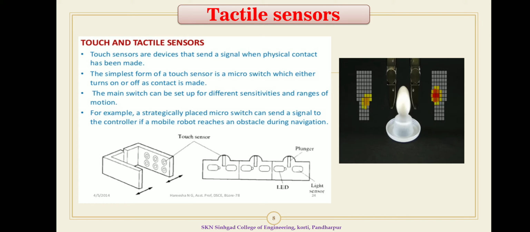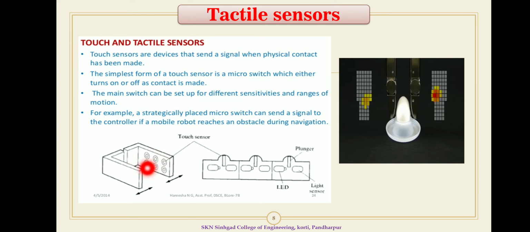So first type is the binary sensor. A binary sensor is a contact device, for example a micro switch. In the simplest arrangement, a switch is placed on the inner surface of each finger. Okay, so switches, different tactile sensors are directly fitted or pasted on the inner layer of each and every finger.